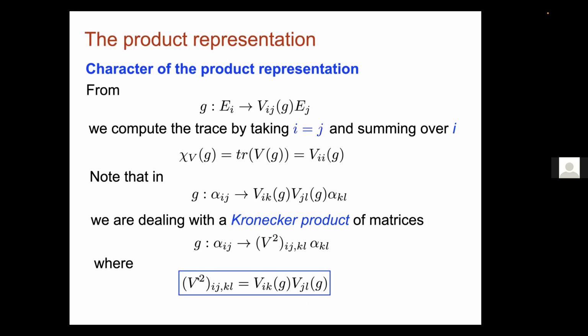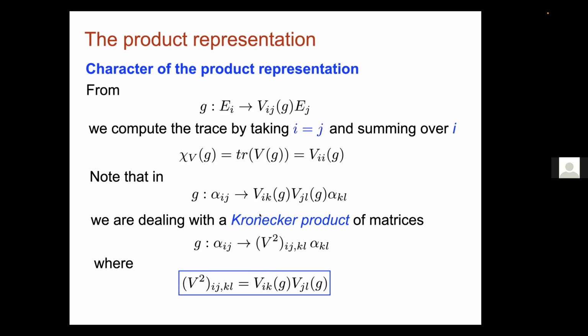V squared is the product representation of V times V. But the matrices of V squared are not the product of these matrices. The product is something very different. With V, I would write ij, jl, and it would give me just a matrix il. No. From 2 matrices which are 3 by 3, I obtain a matrix which is 9 by 9.